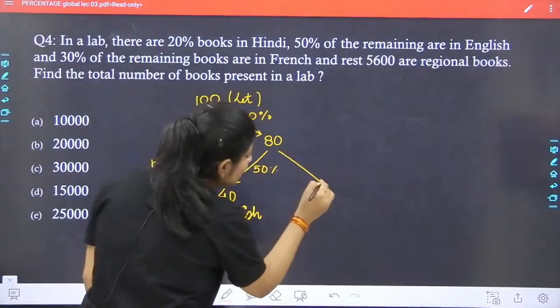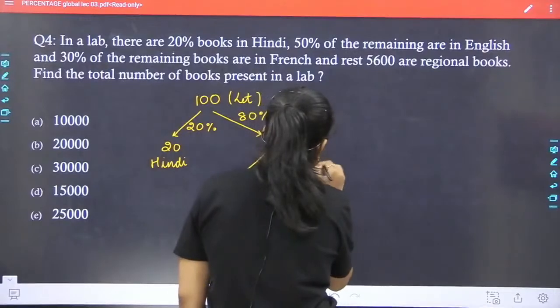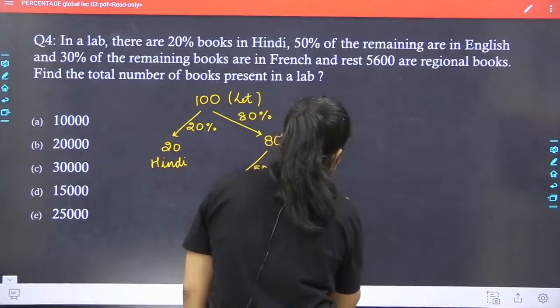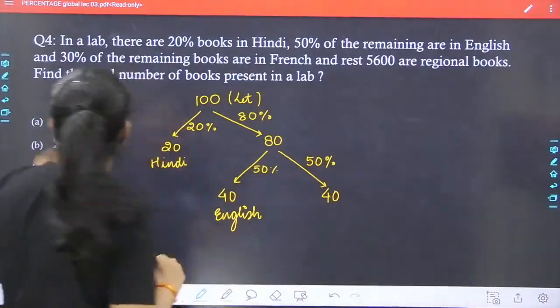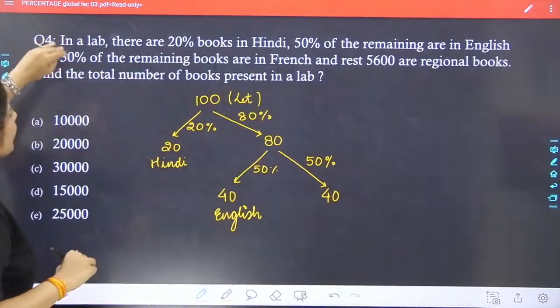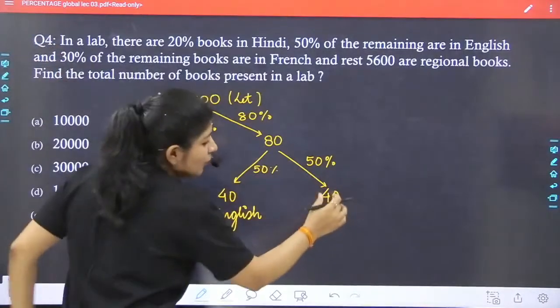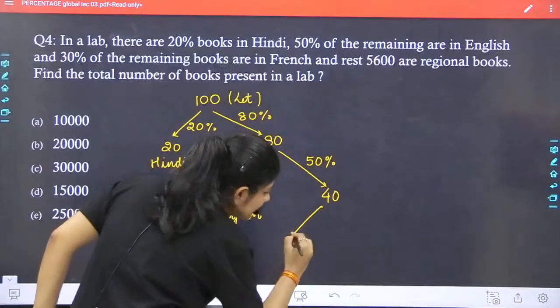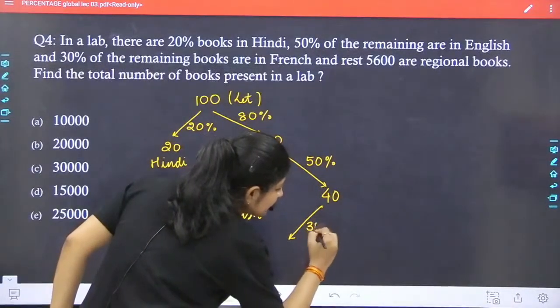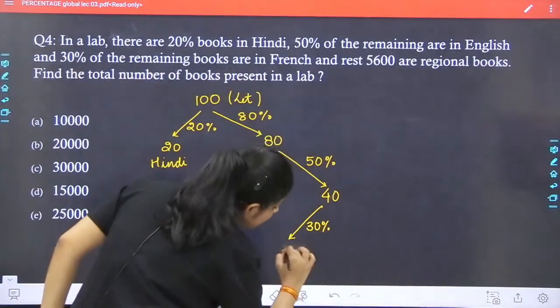Now the remaining books are again equal to 50% of the 80, that means we are left with 40 books, right? Now it is given that 30% of the remaining books are French. So we have to calculate the 30% of 40, that is equal to 12.